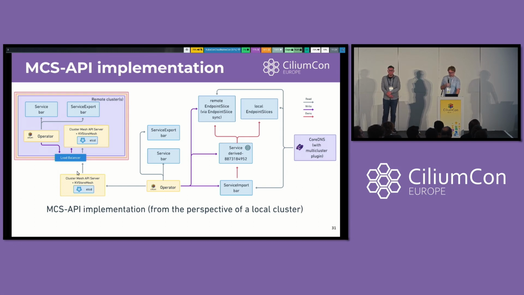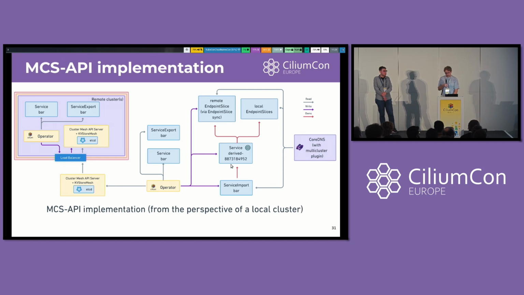And then we will gather info of the exported service in the local cluster mesh API servers. And then the operator here can basically read all the info from the remote clusters, but also from the local clusters, via simply reading the Kubernetes API server.